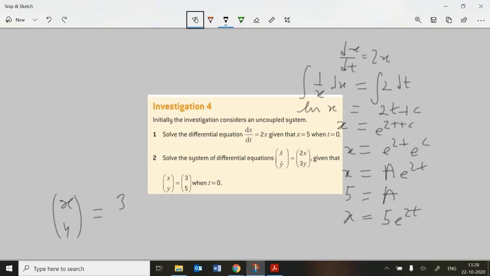So we get 3e to the 2t, still based on this, and the other one you'll get 5e to the 3t. Okay, so that's just coming out from this one here. So you could follow the same process for this one, and you clearly get 3t up here instead of 2, because this would have been 3 in the first place. Okay, so that's what we're going to get out for our solution for x and y. Okay, so that is done.